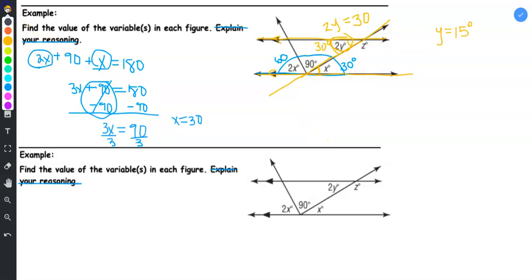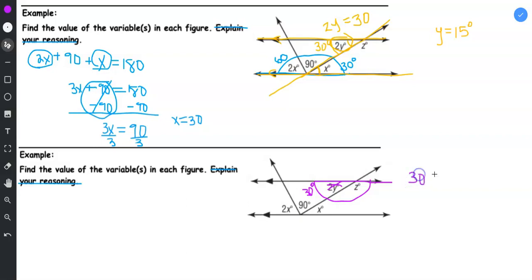So now that my picture is getting pretty full, I'm going to come down here and highlight this line, and I'm going to look at these two angles together. We found out that this angle, I'll cross that out, is equal to 30 degrees. So if these two angles together form a straight angle or a linear pair, we know that they're supplementary.